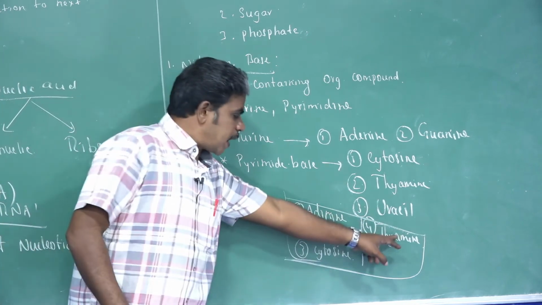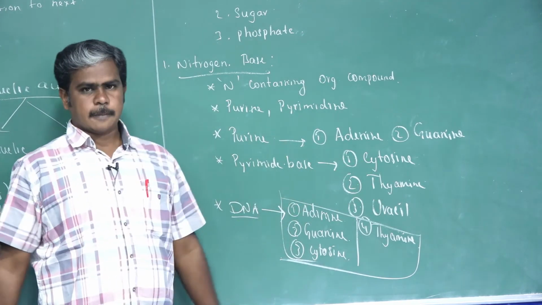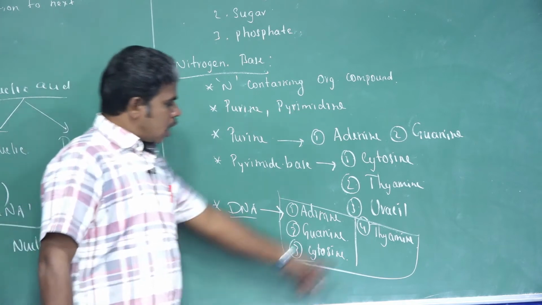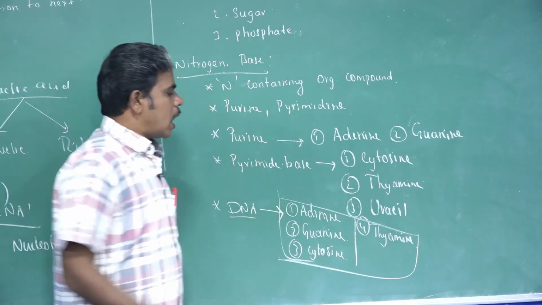Thymine is present in DNA, and instead of thymine, uracil is present in RNA.